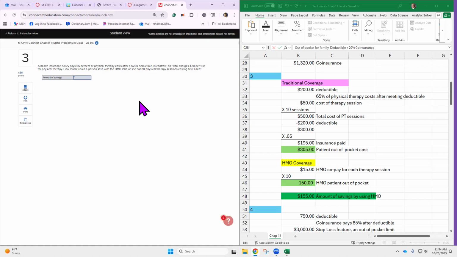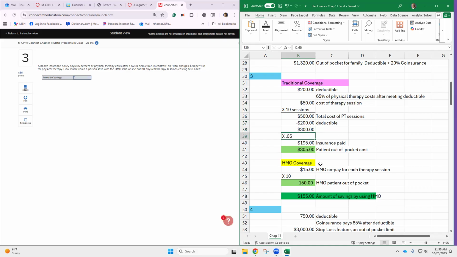Here's your deductible, here's the policy, and here's how much your physical therapy sessions cost. They're $50 each. If you do 10 sessions, you're going to have a total bill of $500. We deduct the $200 deductible, which leaves us with $300 remaining.